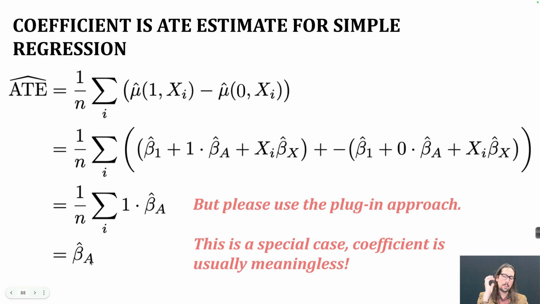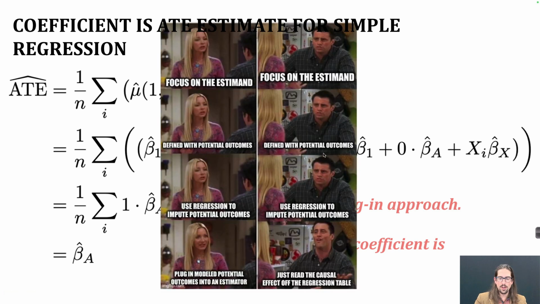So in most cases, that coefficient is totally meaningless. I have this meme here because people are just taught to look at the coefficient, and they learn this simple case, and then they think, oh, that always works. I can always just look at the coefficient. But no, you focus on the ATE. What are you trying to estimate? It's the ATE. It's defined with these potential outcomes.